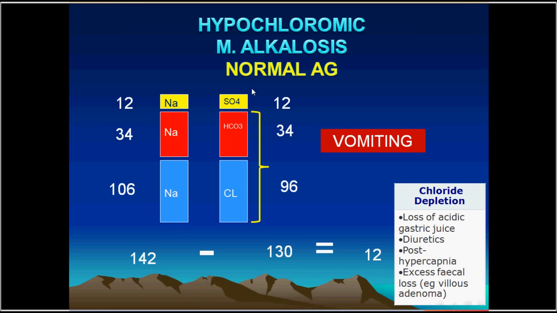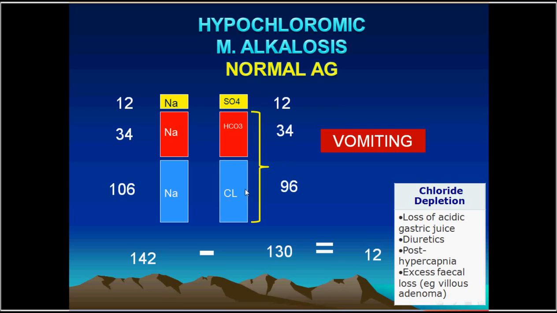The third part is normal anion gap but metabolic alkalosis also. Look at this patient who is vomiting. He's losing chloride, but at the same time gaining bicarbonate. This is the electroneutrality we talked about before. Loss of bicarbonate or chloride from the gastrointestinal tract or the kidney will be associated with concomitant gain of the other molecule.